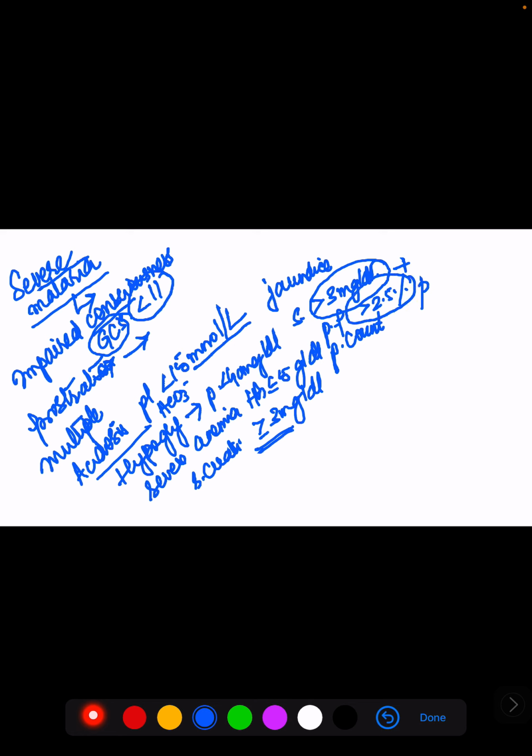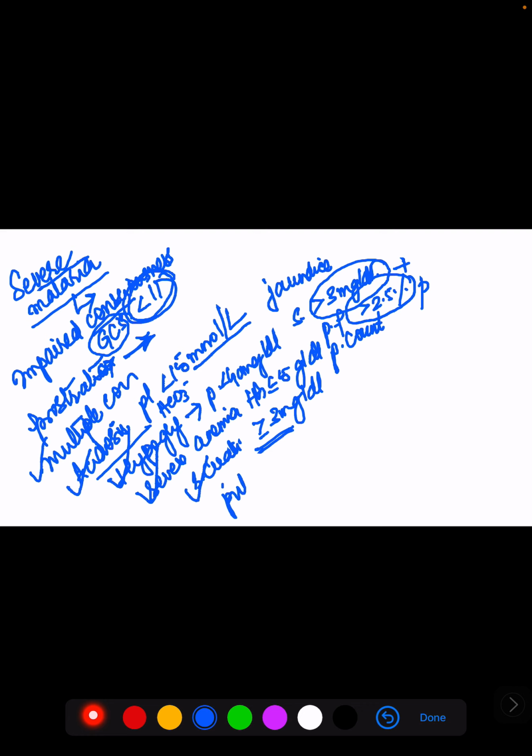So what are the different manifestations? Impaired consciousness, Glasgow coma scale less than 11. There will be prostration, multiple convulsions, acidosis, hypoglycemia, severe anemia, serum creatinine greater than 3 milligram per deciliter.